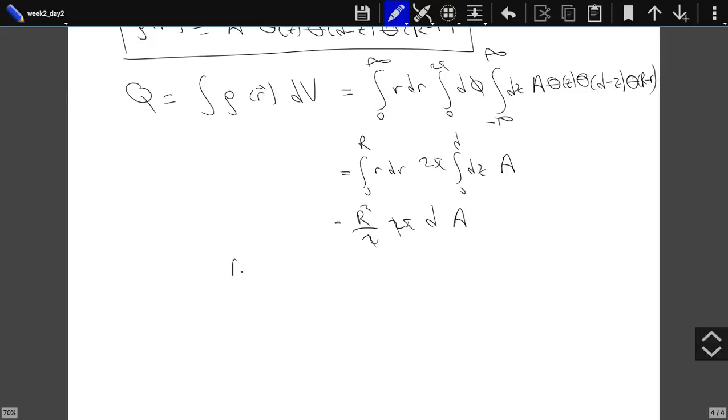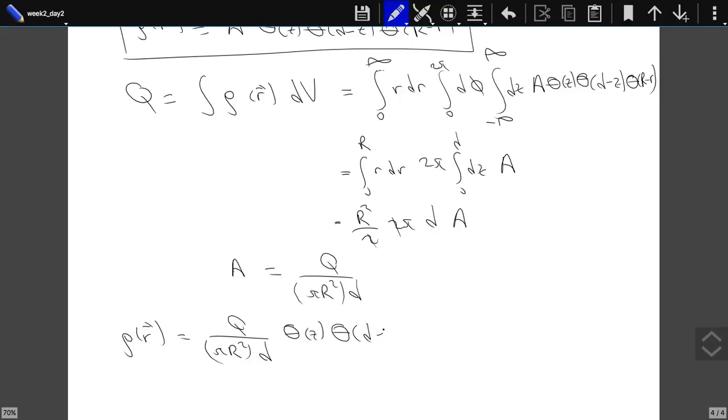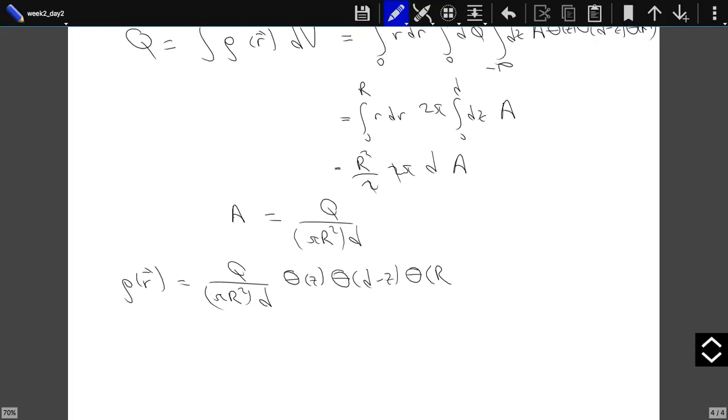The 2's cancel, so a is equal to Q over pi R squared times d. And so rho of r is equal to Q over pi R squared times d, theta of z, theta of d minus z, theta of R minus r.